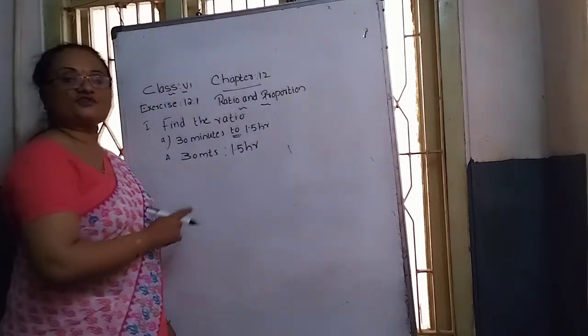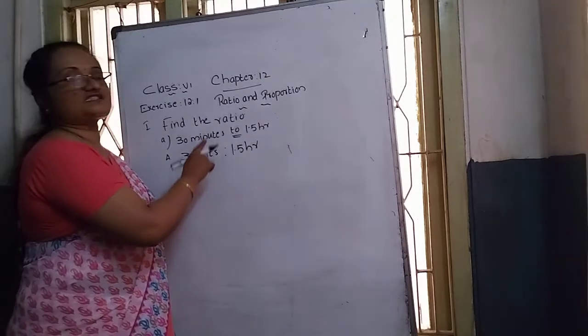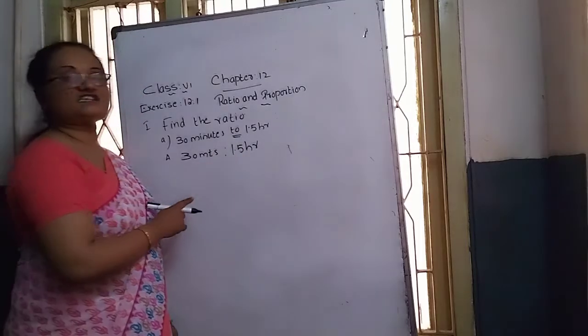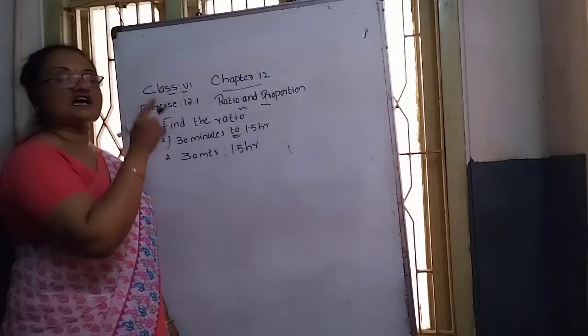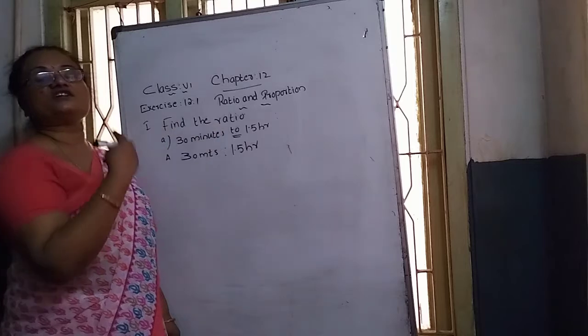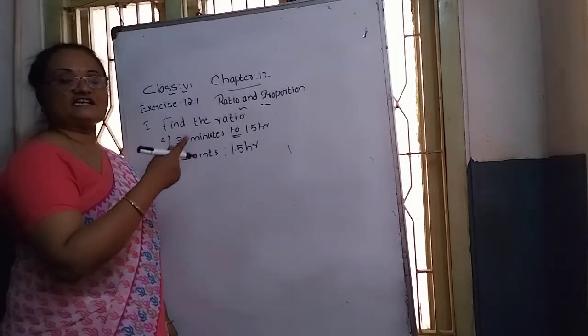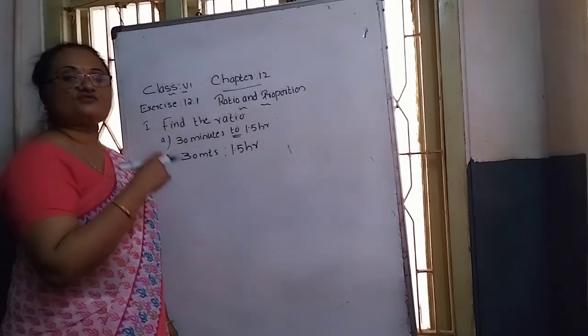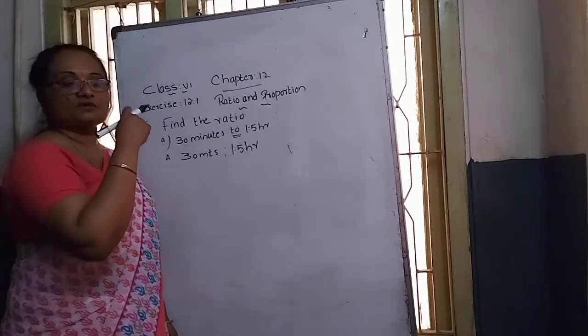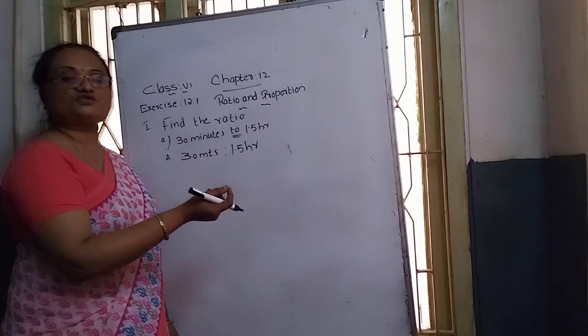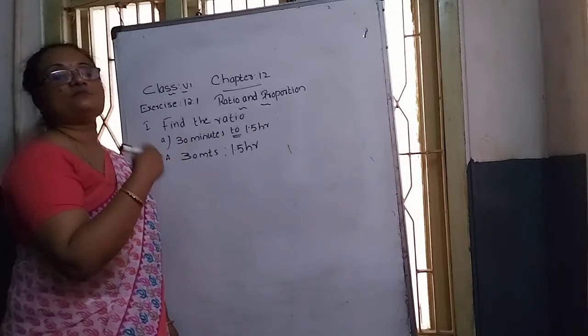They are in different units. One is in minutes, the other is in hours. So it is easy: convert the highest unit to the lowest unit. How to convert? First we identify the relation, then multiply.